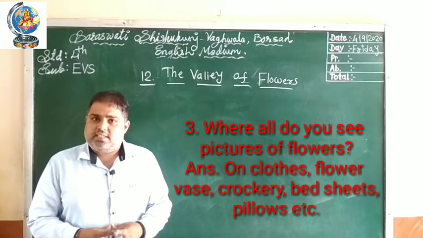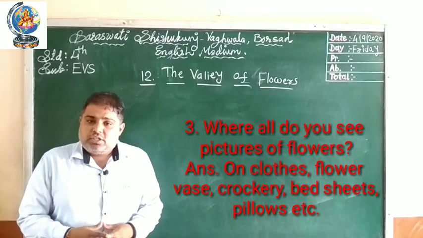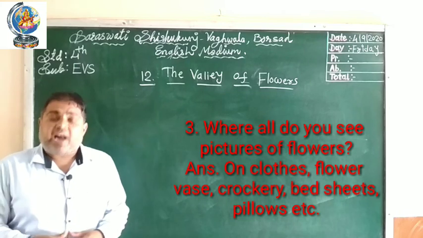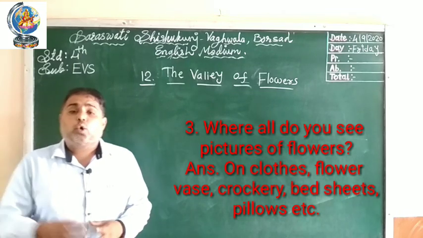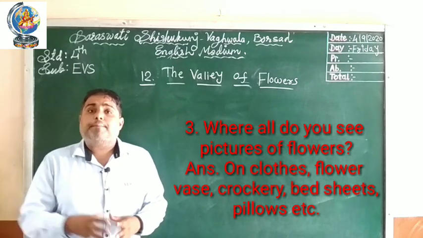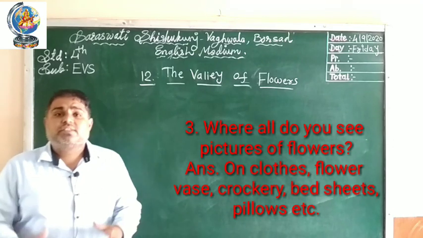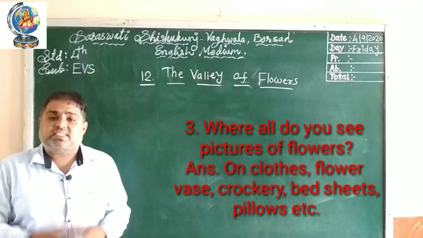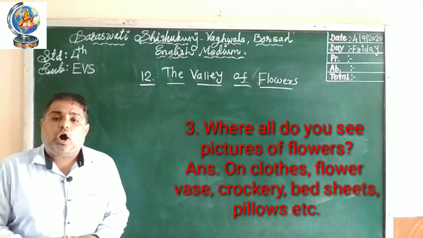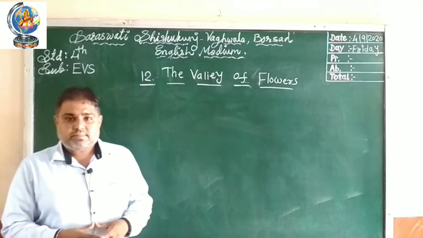So the answer is on clothes, on flower vases, on crockery, on bed sheets, on pillows. So on these different types of things we see a picture of flowers.